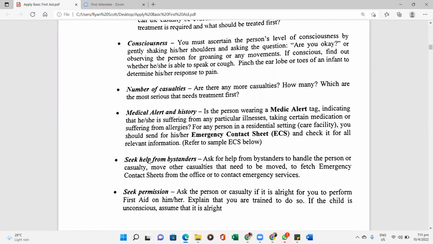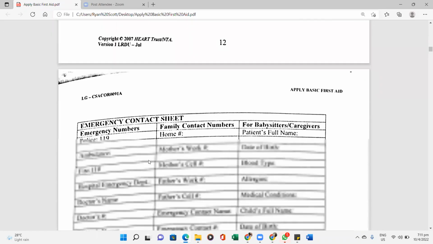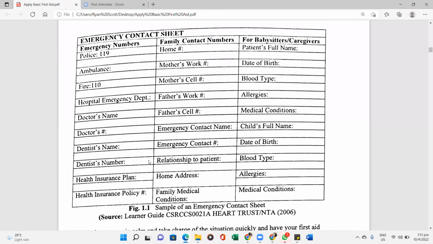Okay, all right, cool. So scroll down. All right, stop. So that's the emergency contact sheet. You're not going to try to fill out everything, but certain things are definitely important, right?